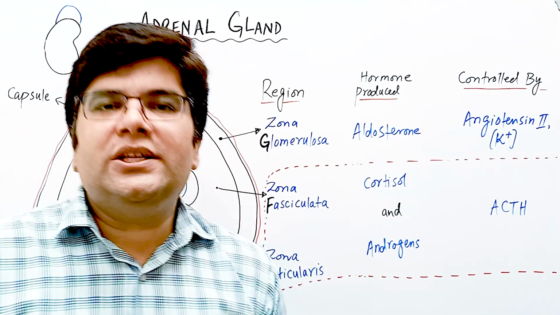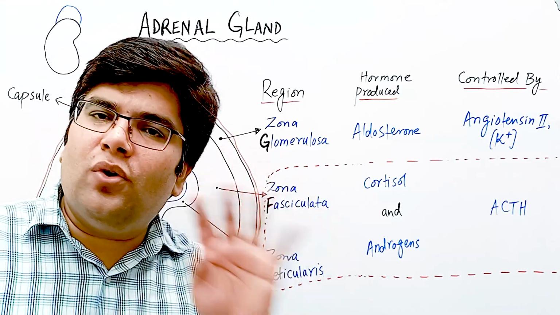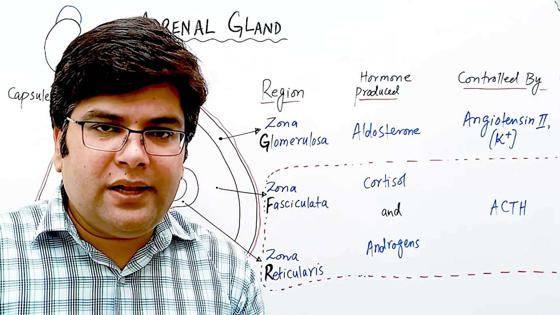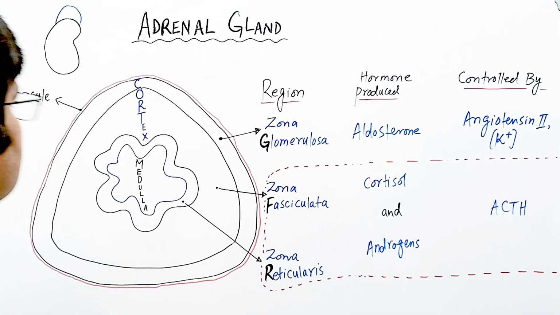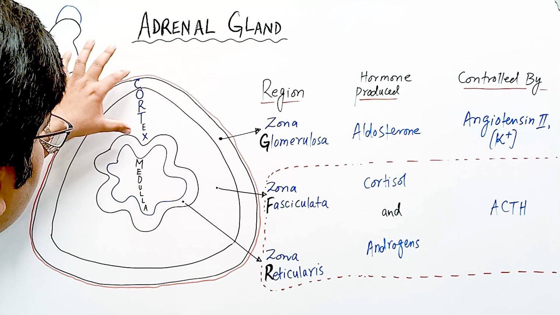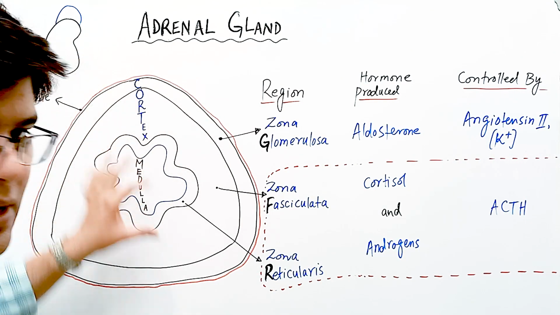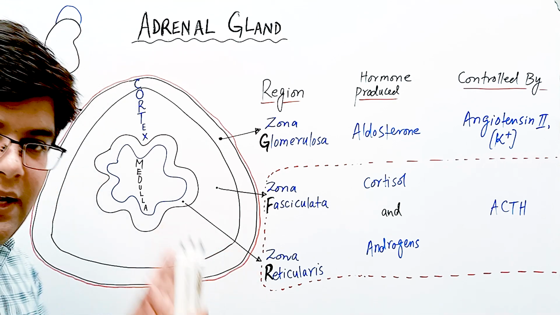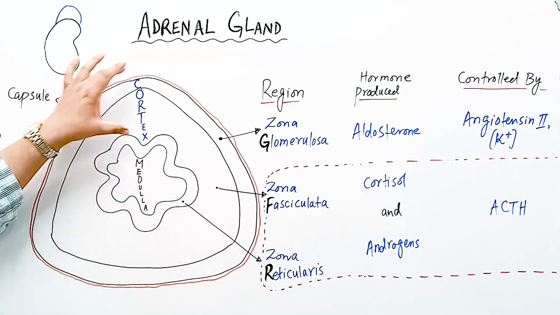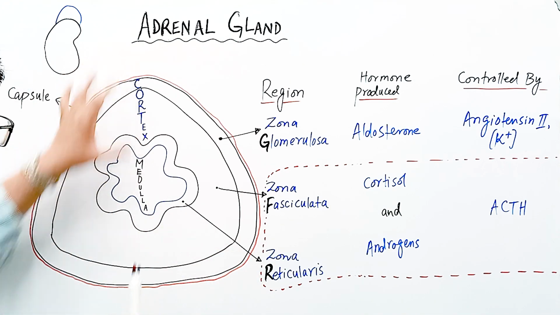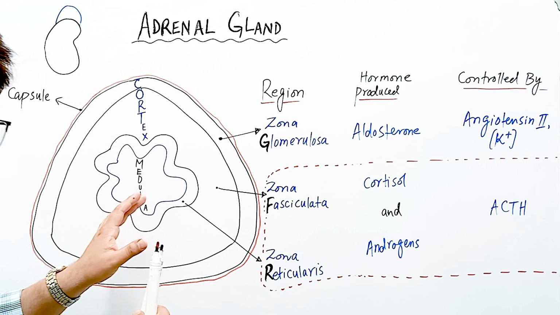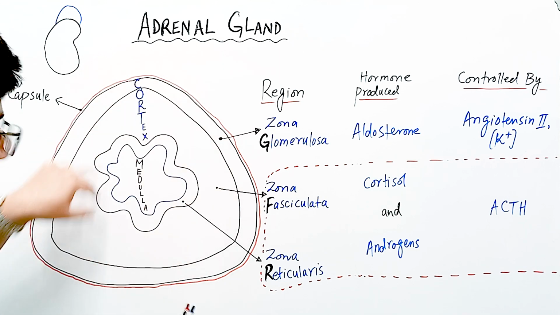The weight of each adrenal gland is just 4 grams, and in each adrenal gland, the outer part is called cortex and the inner part is called medulla. So there are two glands in adrenal gland. The outer one, which is cortex, is a separate gland, and the inner one, medulla, is another gland. The outer one surrounds the medulla.